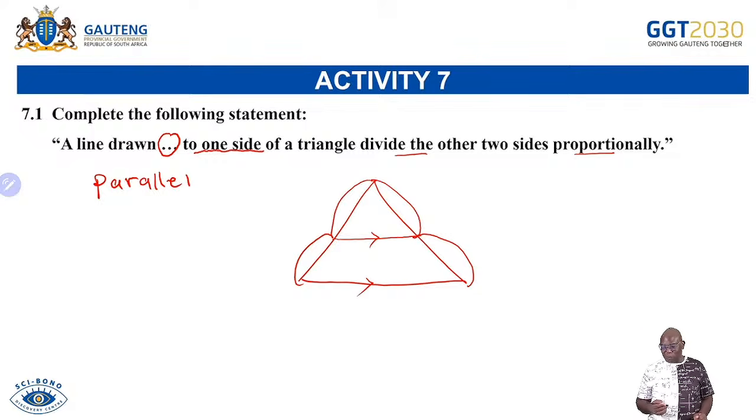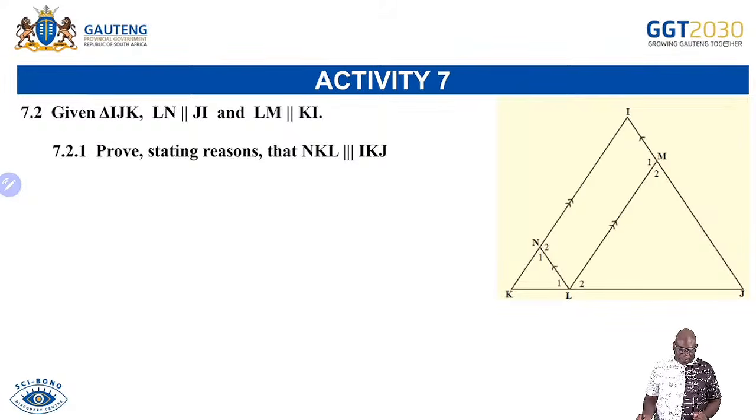Look at the question now. It says, given triangle IJK, LN, this line, is parallel to JI, and LM is parallel to KI.